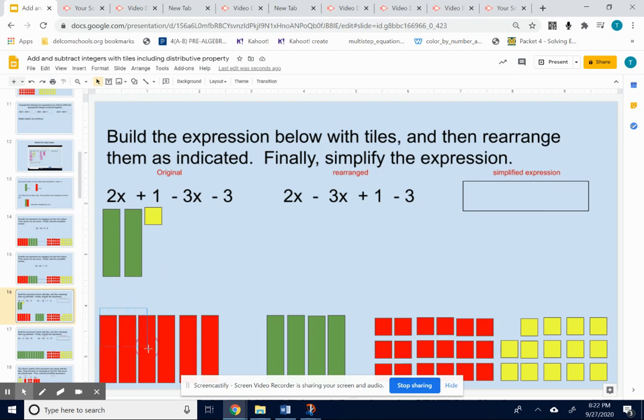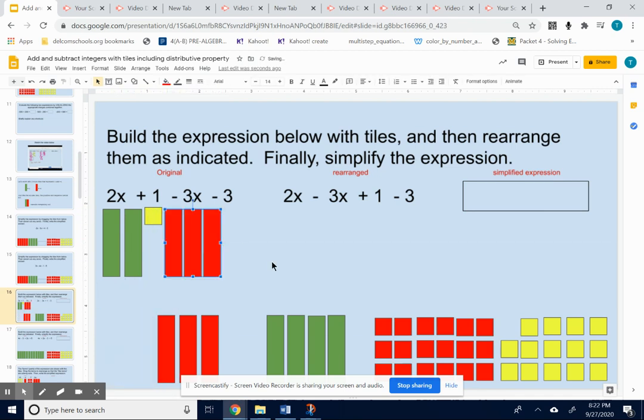So we're going to grab 3 red rectangles for negative 3x, and then minus 3 or negative 3 would be 3 red squares. Okay, so there's 2x plus 1 minus 3x minus 3.